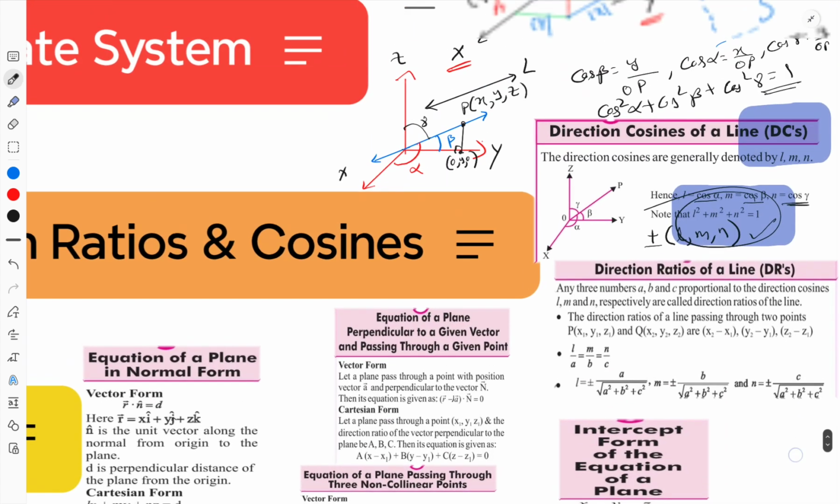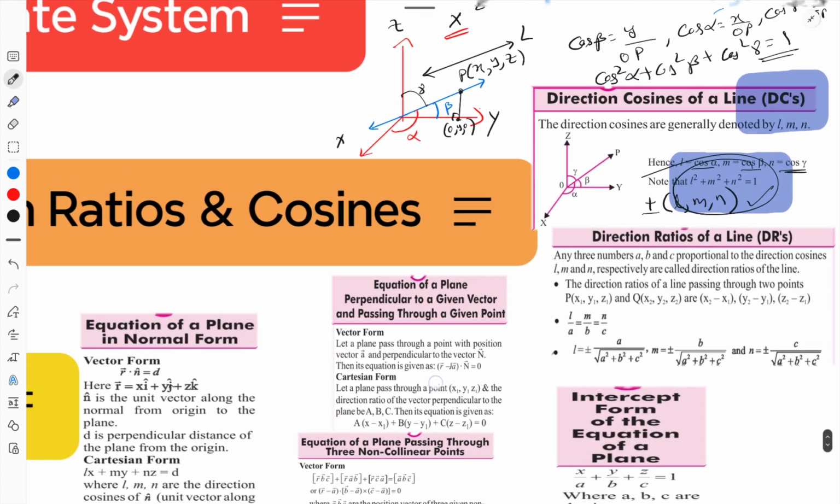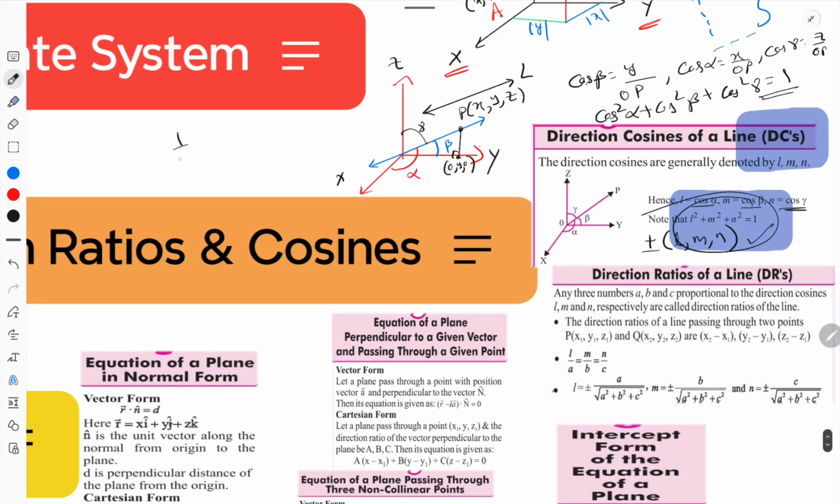For example, suppose you take 1 by root 3, minus 1 by root 3, 1 by root 3. These three can be direction cosines of a line because the sum of the squares will be 1. Whereas suppose you take 1, minus 1, 2, this cannot be direction cosines because the sum of the squares is not equal to 1.